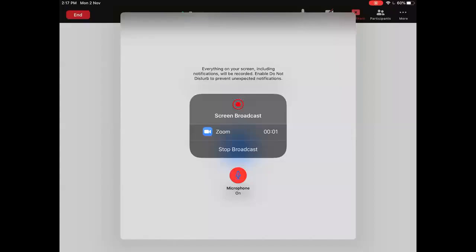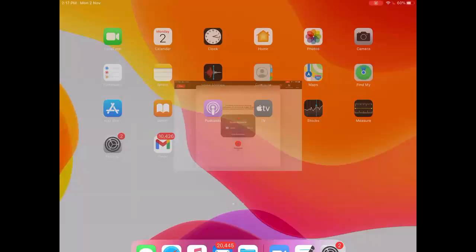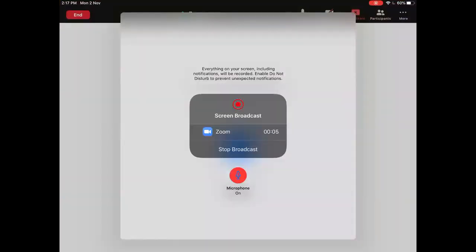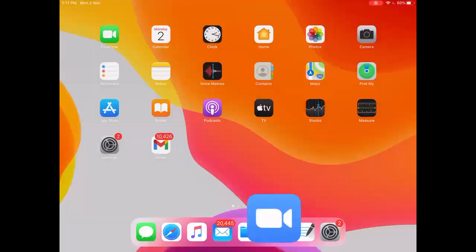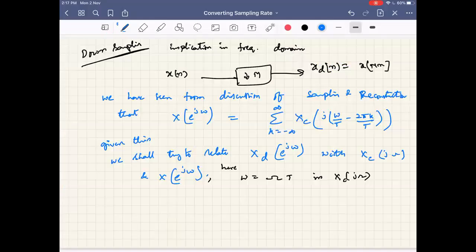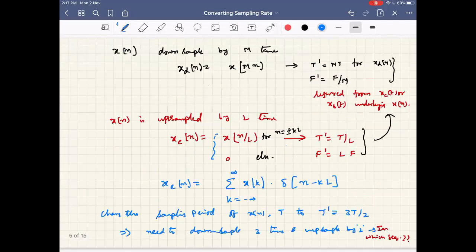In the previous video lecture, we discussed the effect of downsampling of a sampled signal in frequency domain. This is just a very quick recap. We have seen time domain relationships for both downsampling a discrete sequence and upsampling or expanding a discrete sequence.